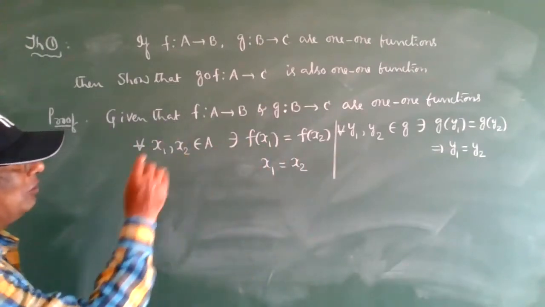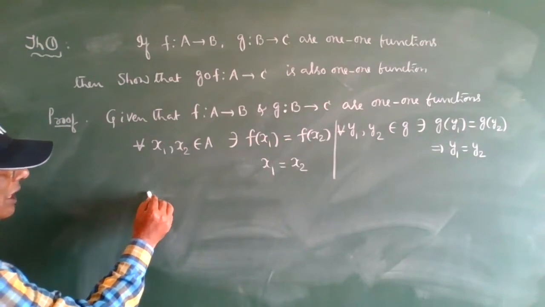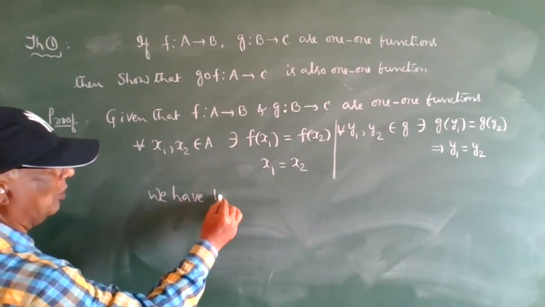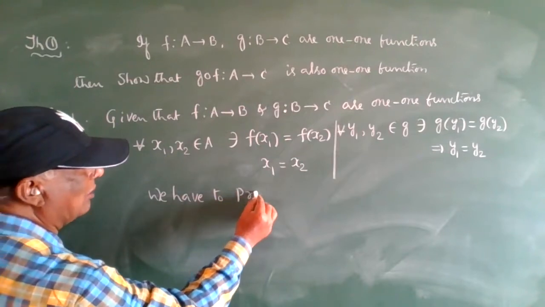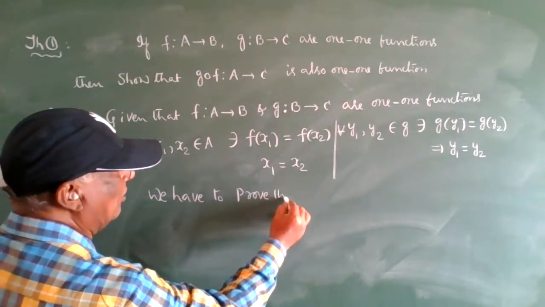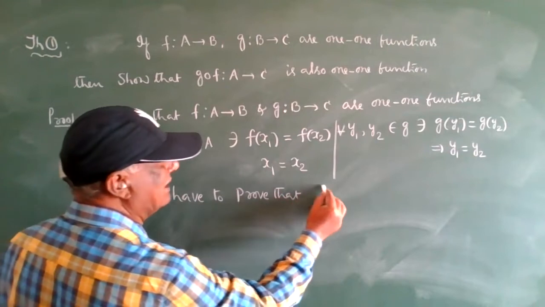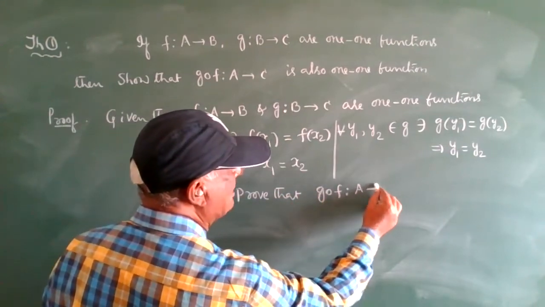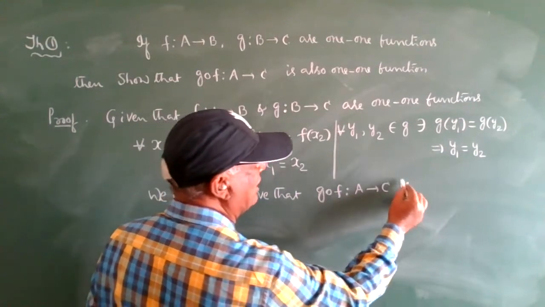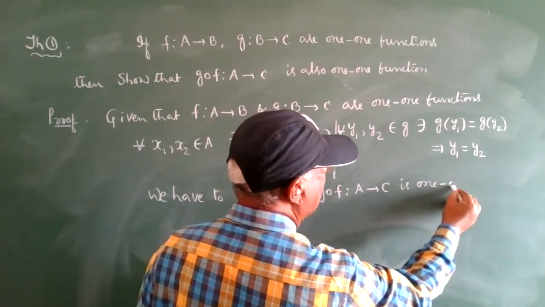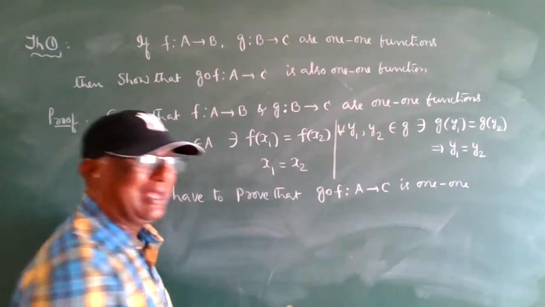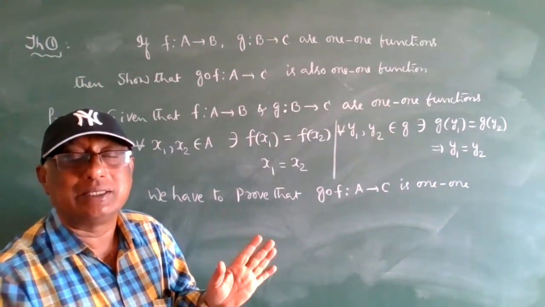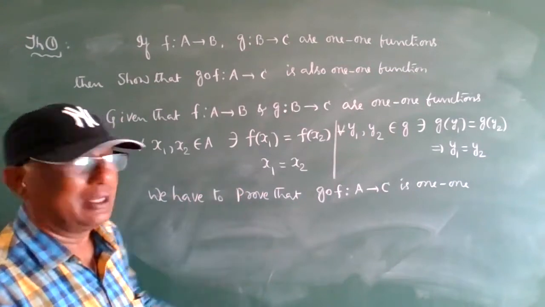What we have to prove is that g circle f, mapping A to C, is a one-one function. That means its images are equal, so its elements are equal.